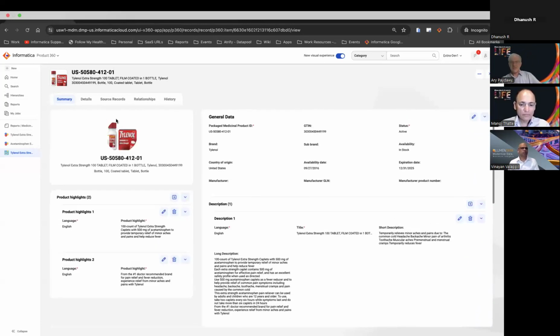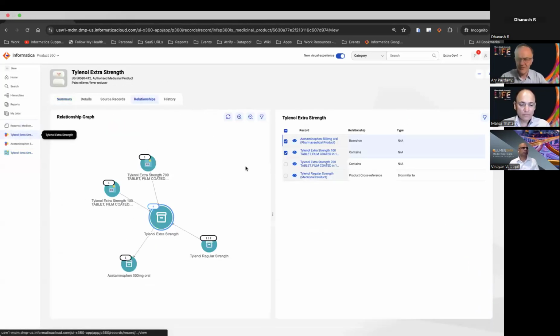So you can easily see here, going back to the medicinal product, that now you can create all these domains that are related to each other in many different ways. If I look at this again, going back to the Tylenol Extra Strength here, it's like, okay, what are the cross-reference products that I could use or somewhat similar?